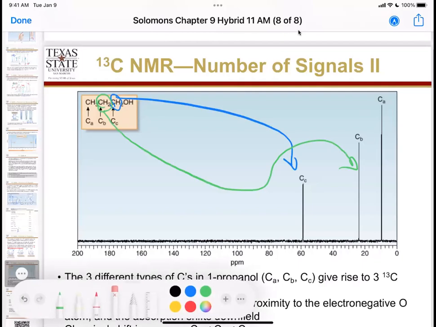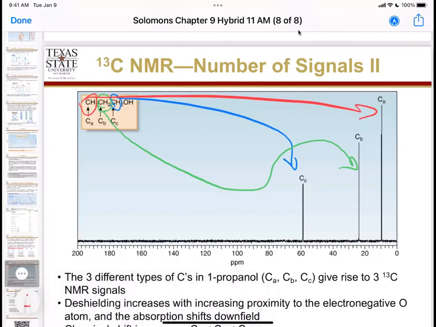And the last one is this one right here because it's the furthest away from our electronegative atom. So we have three signals from three different carbons, and we have their shift positions identified by their proximity to the electronegative atom.